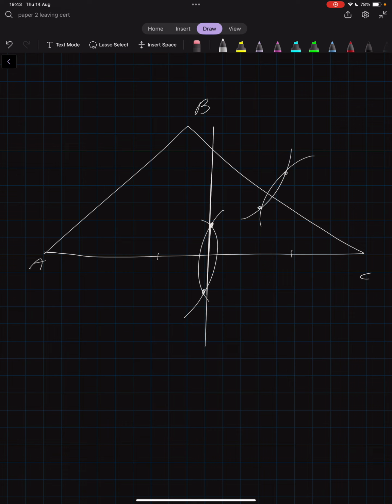So again, I'm only doing this by hand because I don't actually have a compass on me. So if this is a little bit awkward, that's why. And so where these two lines meet, that's then the circumcenter. Okay, so here, this is the circumcenter.